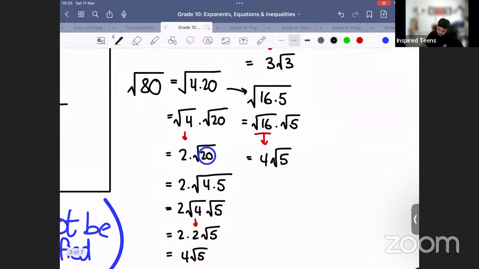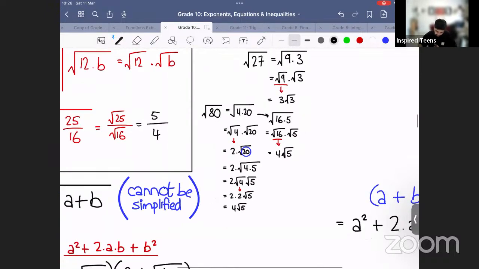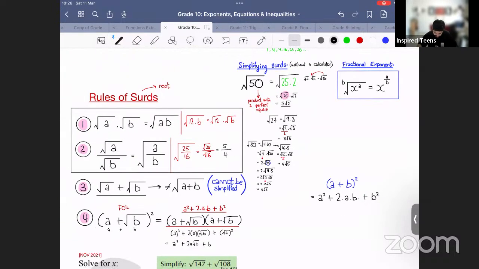So you've gotten the same answer, just in a few less steps. So just keep that in mind. It's not mandatory. It's not compulsory to get the highest. But if you get the highest, it's just going to make it easier. Okay, cool. So that's simplifying surds, right?